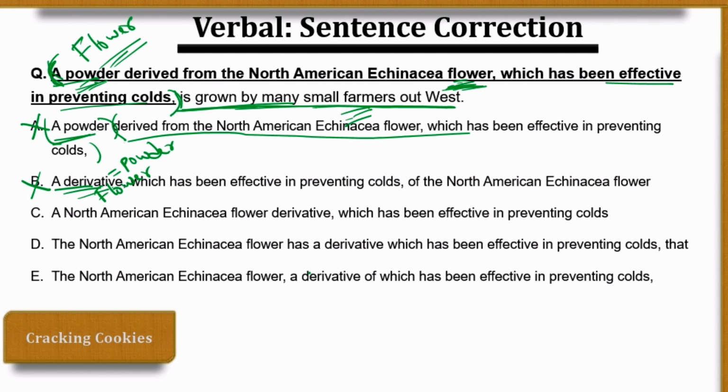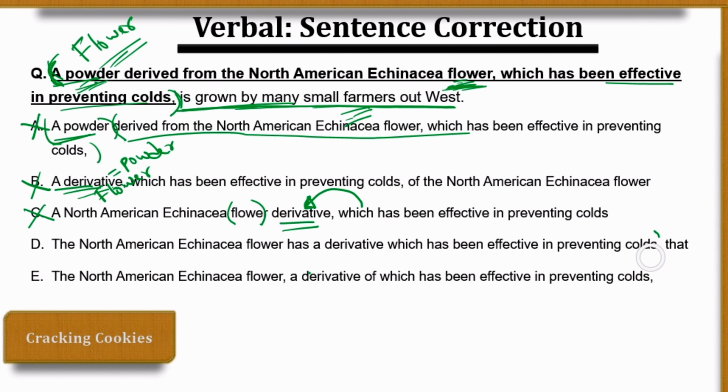So let's check option C. It is saying a North American Echinacea flower derivative which has been effective in preventing colds. This which word is referring to the word before it, derivative. This relationship is absolutely correct, but the problem is we need the flower as the subject, but here the subject is derivative, so we cannot go with option C. Option D: the North American Echinacea flower has a derivative which has been effective in preventing colds.